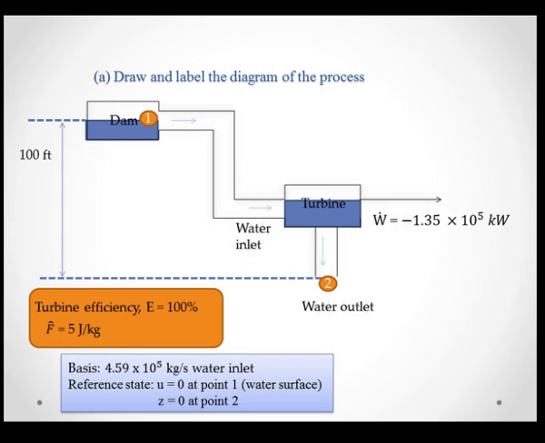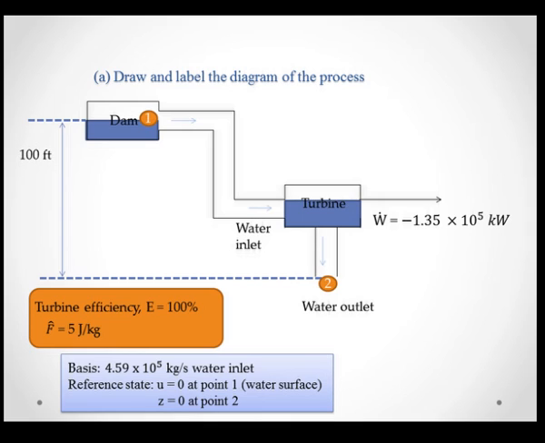First question, A. Draw and label the diagram of the process. As you can see, this is the drawing that our group came up with, which consists of dam, turbine, water inlet and water outlet. There is also some information that we can get from the question. First, 100 feet, which is the distance between point 1 at dam water level and point 2 at water outlet.